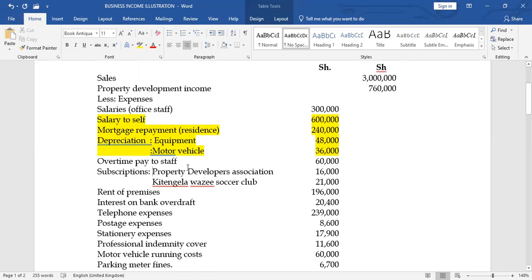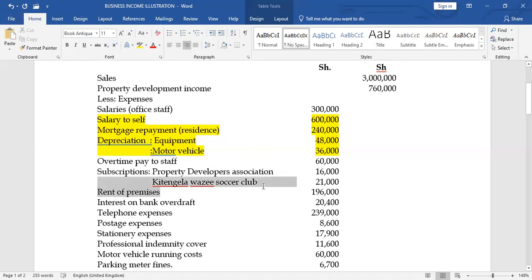Remember this guy is doing property development. When you subscribe to an association which is in line with your business, then that one is allowable. This one, Kitengela was their soccer club. When you make a subscription for the benefit of your employees, we assume that is a staff benefit and is allowable.